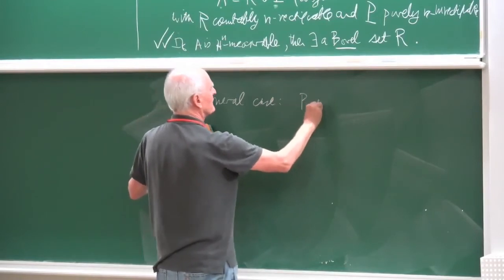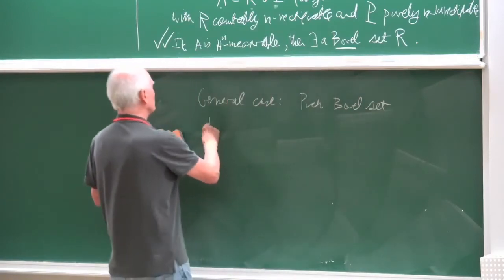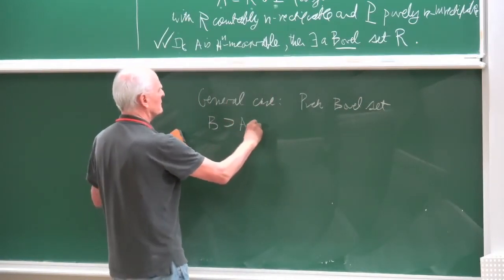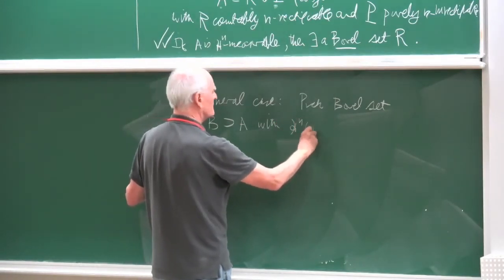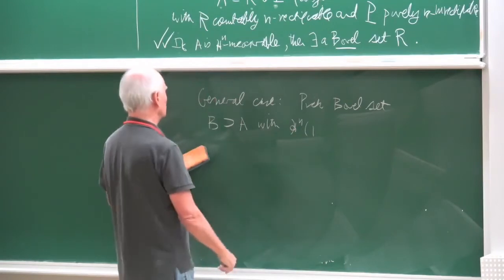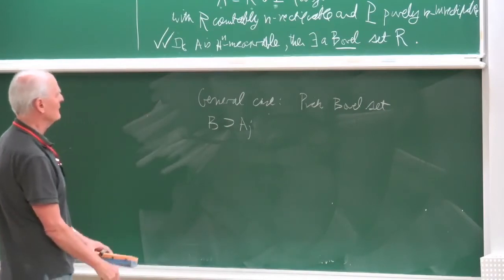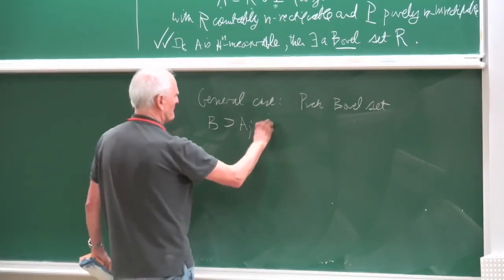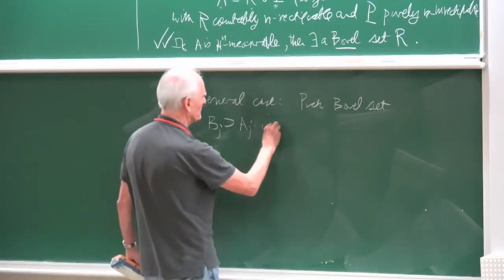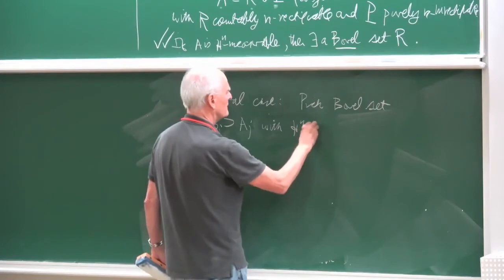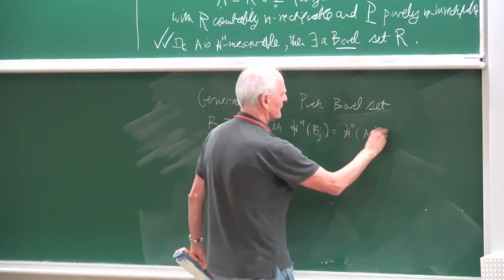Pick a Borel set B containing A with the same measure. Could be infinite, but that's okay. No, I think I've got to do this with each Aj. So pick a Borel set Bj containing Aj with the same measure, finite.